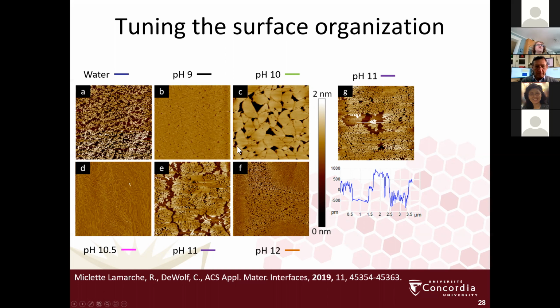Once we get above pH 10, we originally did pH 11, and then because of the huge difference between these two images, we went back and did pH 10.5. What you see is highly oriented domain growth with dendritic structures.